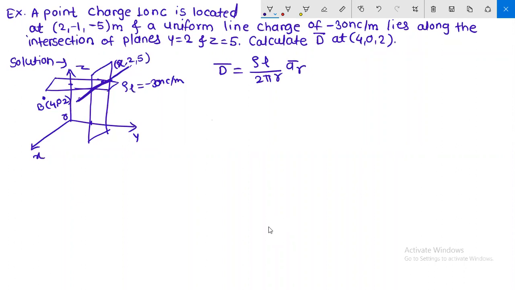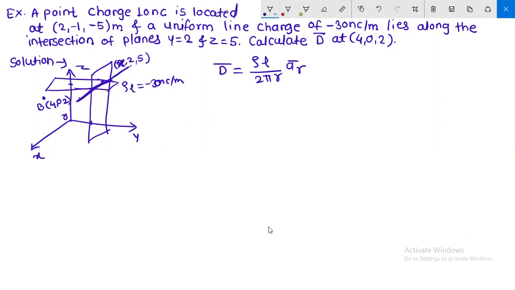If the line is placed on the x axis only, then that coordinate will be 0. Here it is not given that the line is placed on the x axis, but this line is parallel to the x axis. So I am considering the x coordinate as x only, but while calculating consider this x coordinate as 0. Remember this point.